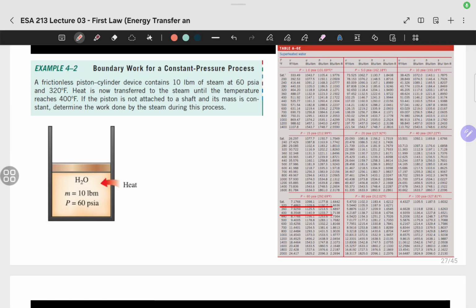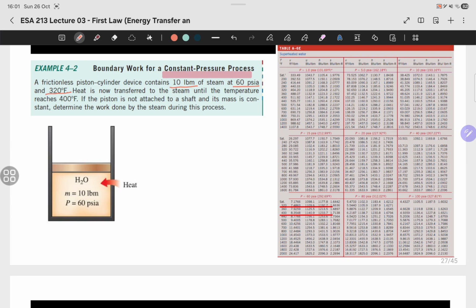Right, for the next example 4.2, we are required to calculate boundary work for a constant pressure process. The figure here shows a piston cylinder device which contains 10 pounds of steam at 60 psi and 320 degrees Fahrenheit.